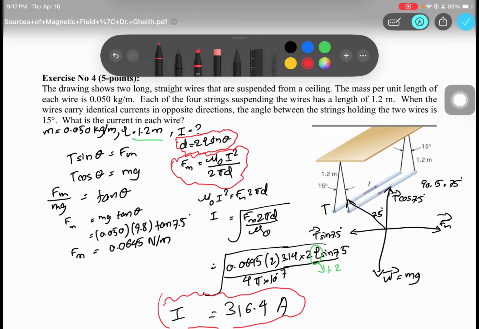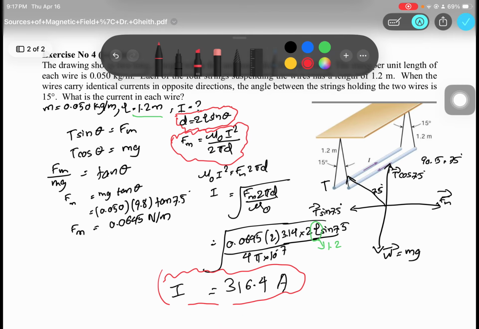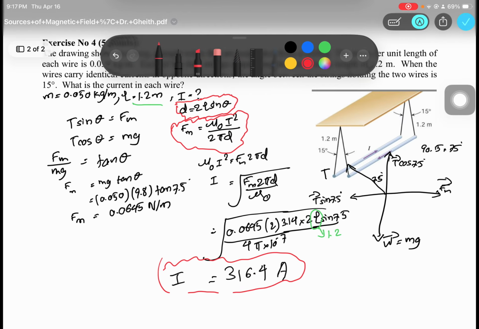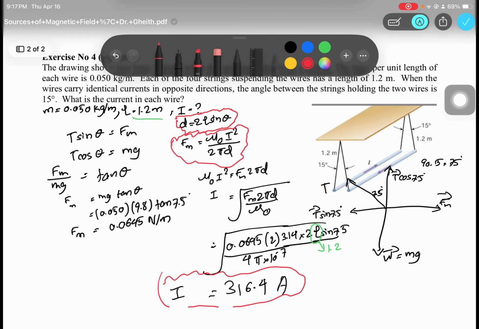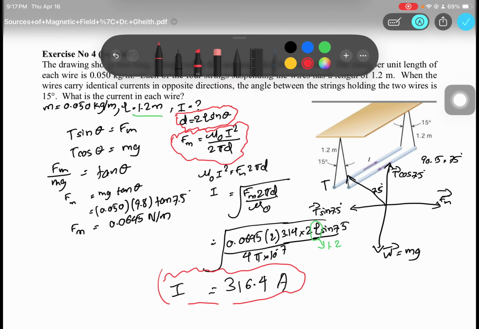This is also a good problem, so I hope you can learn it. The main point is we use T sine theta equal to Fm and T cos theta equal to mg. So Fm by mg is equal to tangent, and we find Fm first.